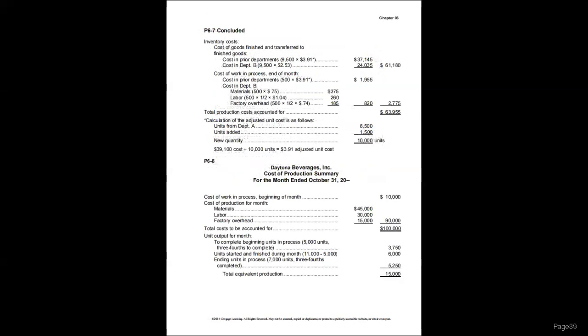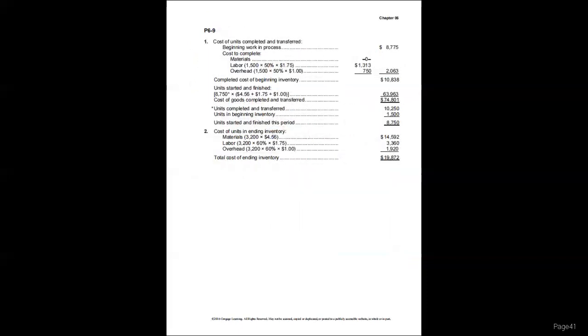So we multiply the units by three-fourths for all the elements, and then you multiply by the corresponding cost per unit. So the total production cost accounted for is 100,000. The total cost to be accounted for is 100,000. So the to be accounted for and the accounted for should equal each other.